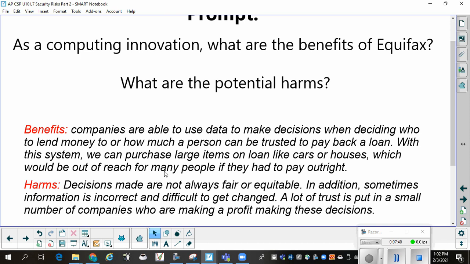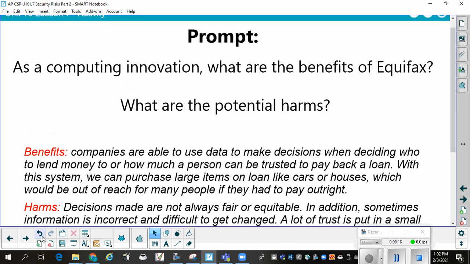Okay, so if somebody hacks your credit score, or if something is reported erroneously on you, let's say your Social Security number, your ID number is 1 or 2 off from somebody who's not got a very good credit score, and they accidentally put it with your file or attach it to your ID, that's a problem. And there's a lot of hassle to go in and get it changed and corrected. And that can prevent you from even being able to get a loan, never mind getting a low interest loan.